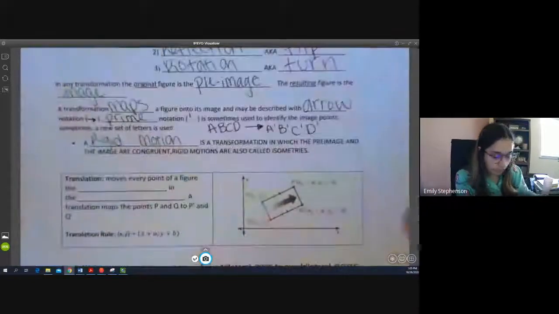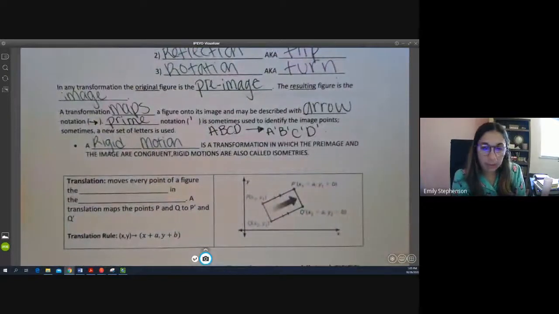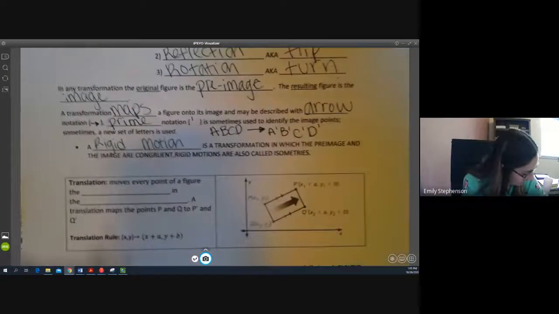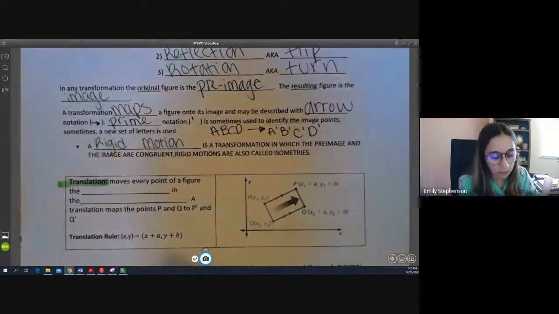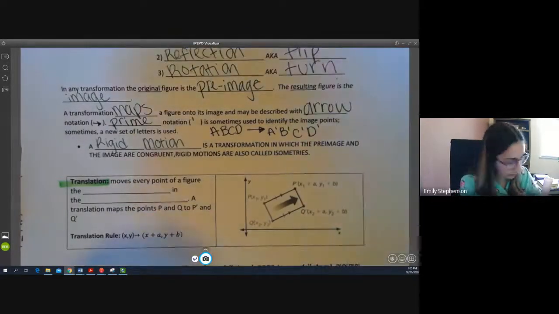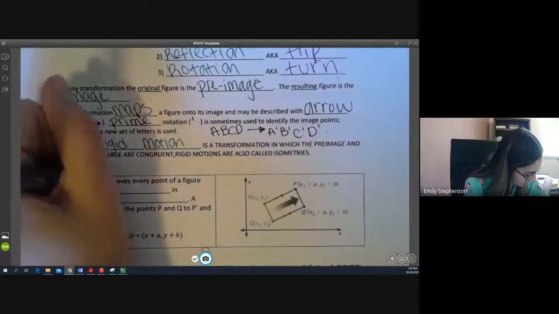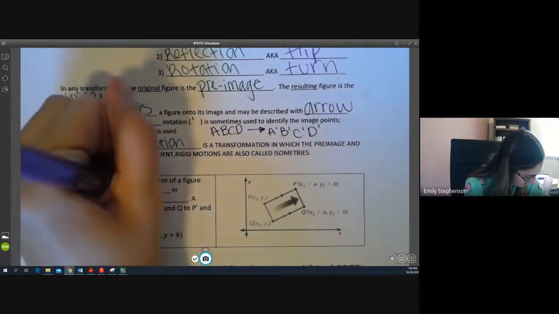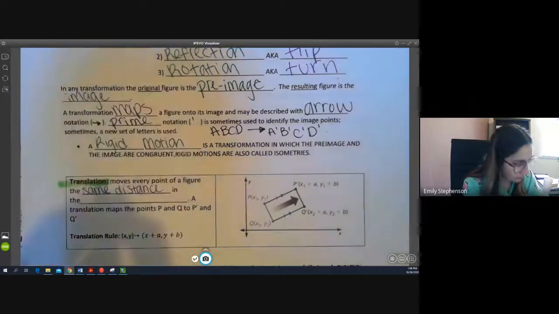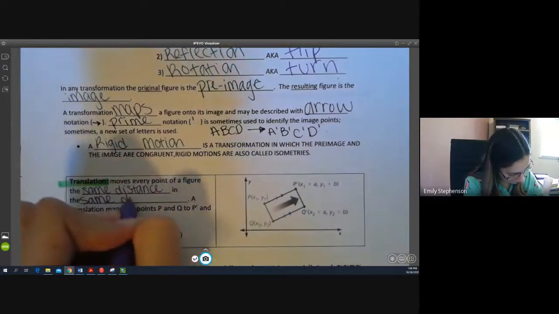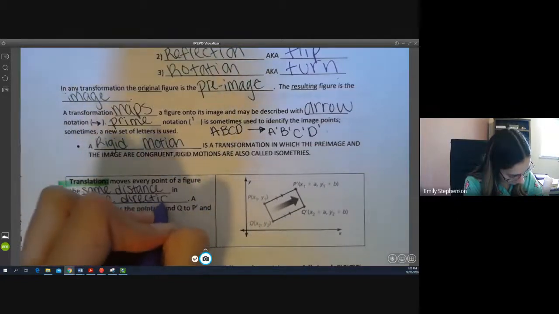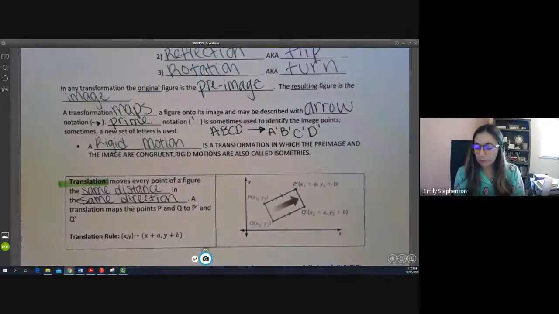Okay, so today we're really focusing on translations and how those transformations work. So a translation moves every point of a figure the same distance and in the same direction.